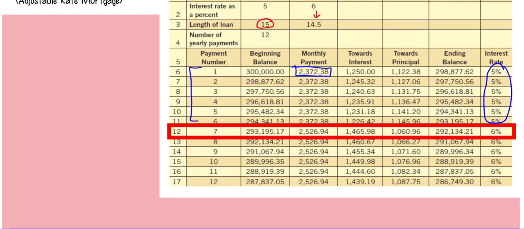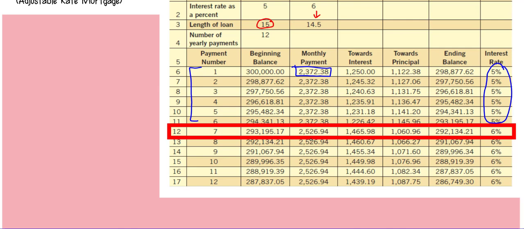So that doesn't change. When we hit month 7, that's when our new interest rate kicks in. Now, when our new interest rate kicks in, we have to recalculate the monthly payment because now it's based on 6% and not 5%.